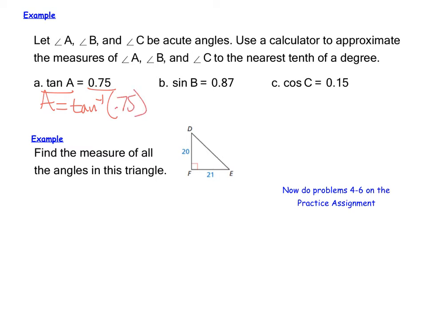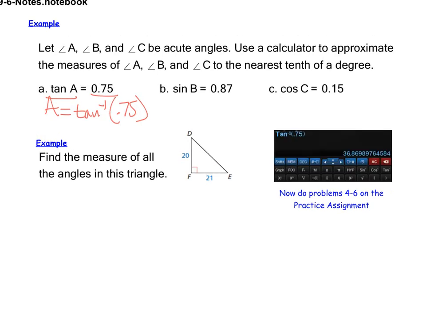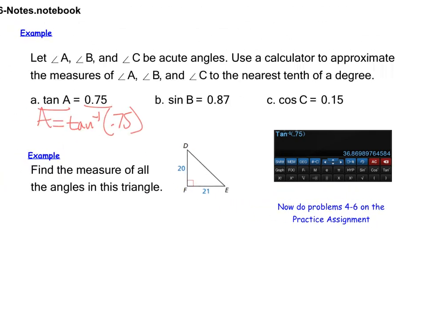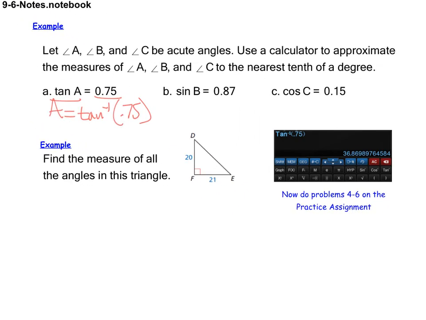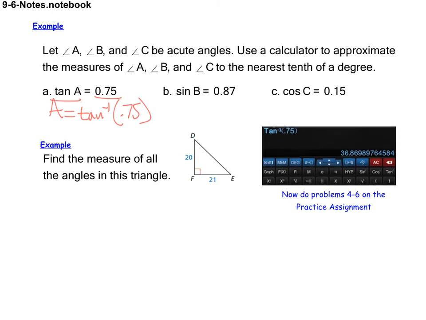We write inverse tangent with this -1 exponent, but it's not really an exponent. It's just a notation thing. So we can go to our calculator, and we actually have an inverse tangent button. To find this inverse tangent, we hit the shift key.